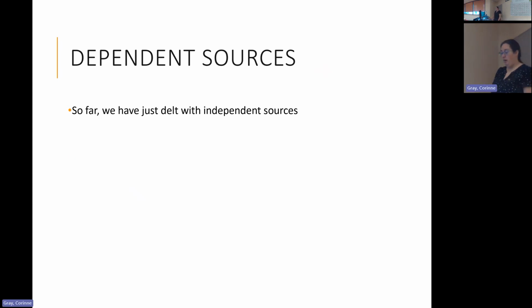Everything we've dealt with so far are independent sources, right? It is a fixed value. This battery has this voltage. This current source has this current. We're going to be looking at situations where that's not always going to be the case throughout this chapter.